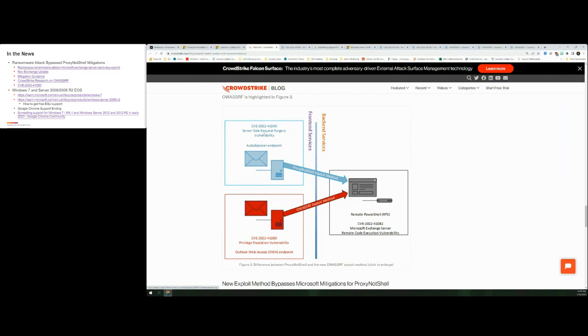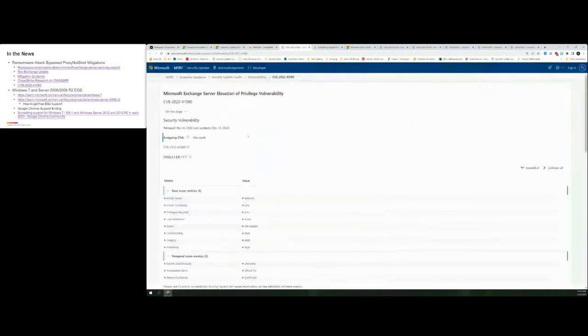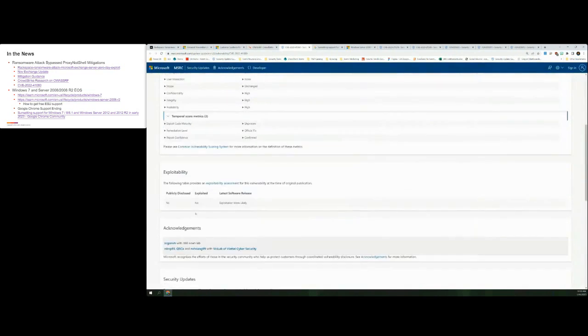The mitigations were in place to try to stop the method of exploiting 41040. The new attack that Play ransomware executed was using methods to exploit 41080. At the time of the patch in November, this was not confirmed to be actively exploited. You can go back to the Microsoft article and see that it was not confirmed to be disclosed or exploited at that point.